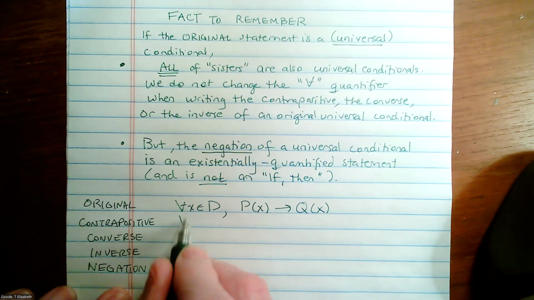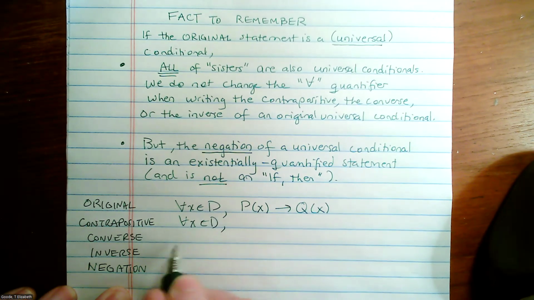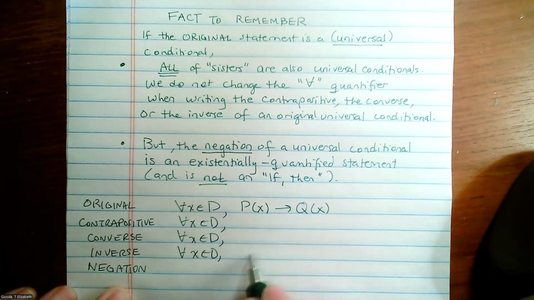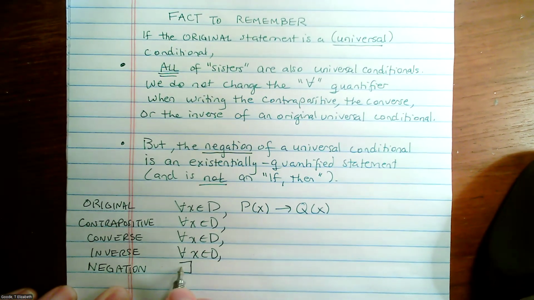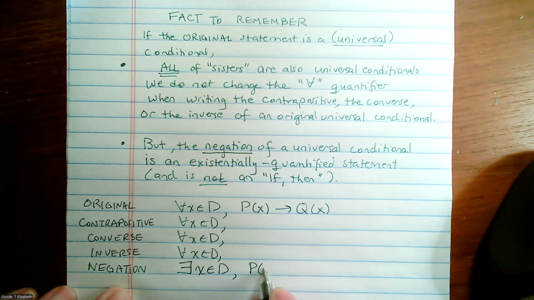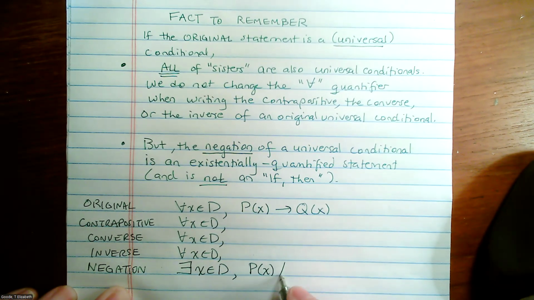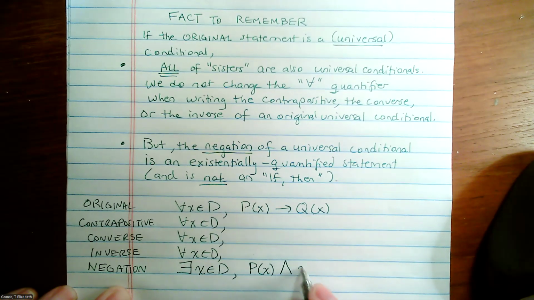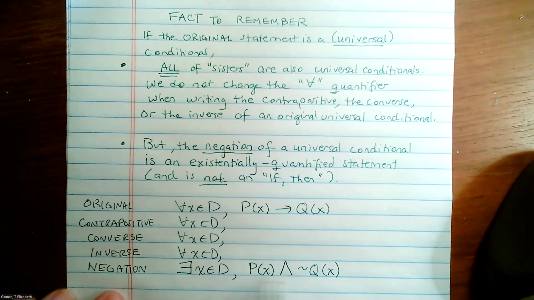So the contrapositive will be for all x in D, converse will be for all x in D, inverse will be for all x in D, and they'll all be if-then statements, but the negation is there exists at least one x in D such that the hypothesis holds, so P of x, whatever it looks like, and the conclusion fails.